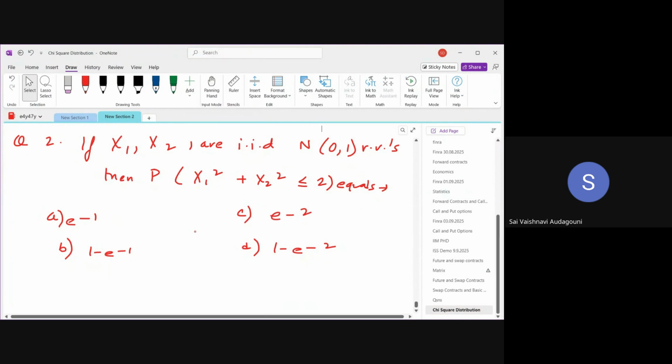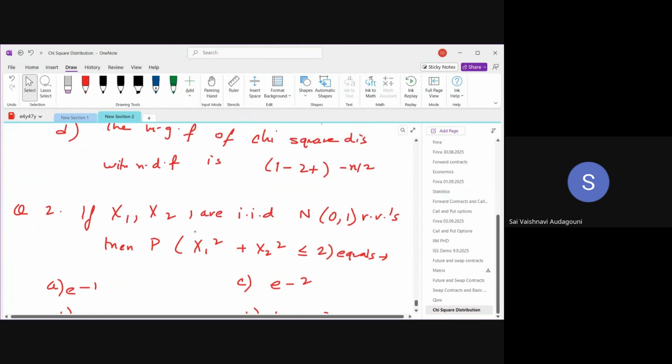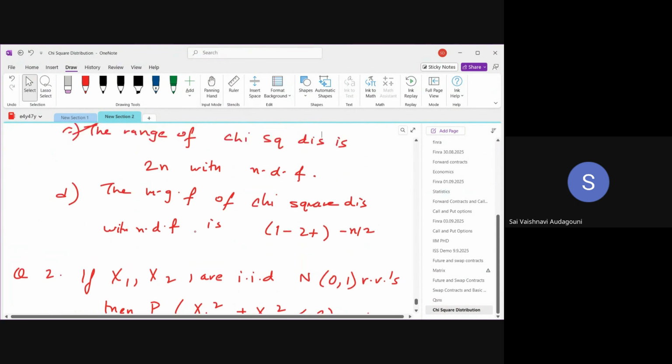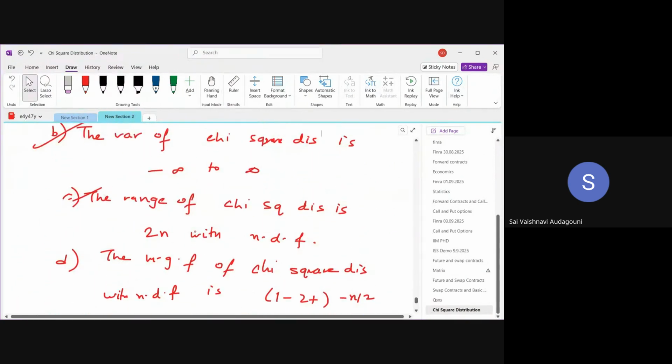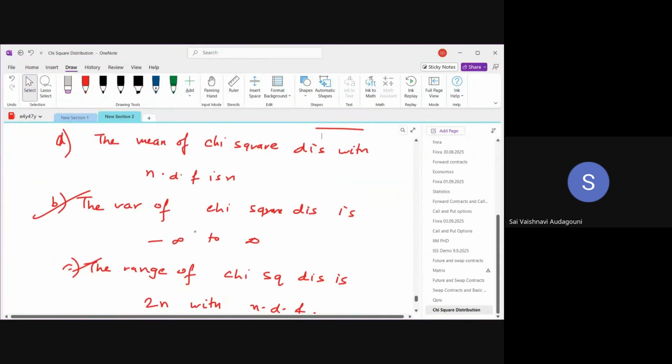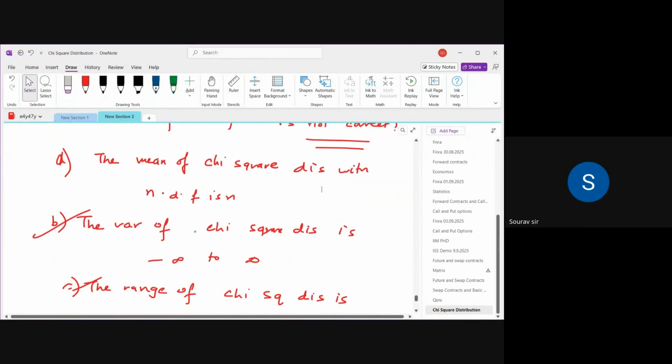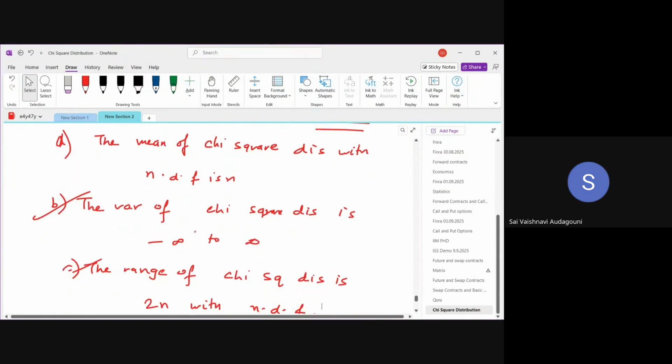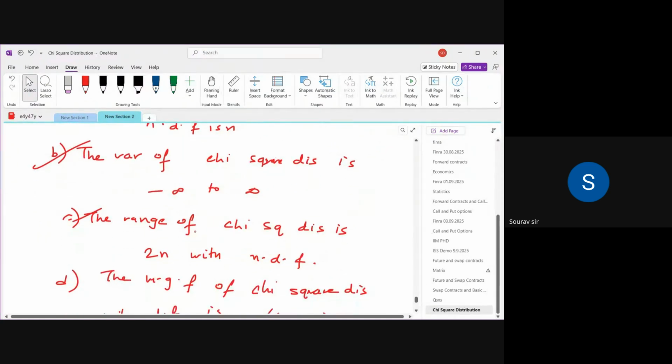So it will also be wrong, right? Range of chi-square distribution is... No, no, no. The range of chi-square distribution is 2n, I told. See, 2n. So this is not a correct answer. Except this, all are. First understand which one of the following is not correct.